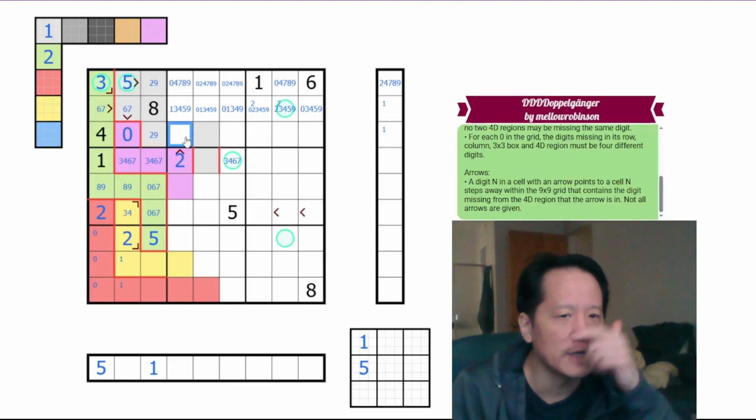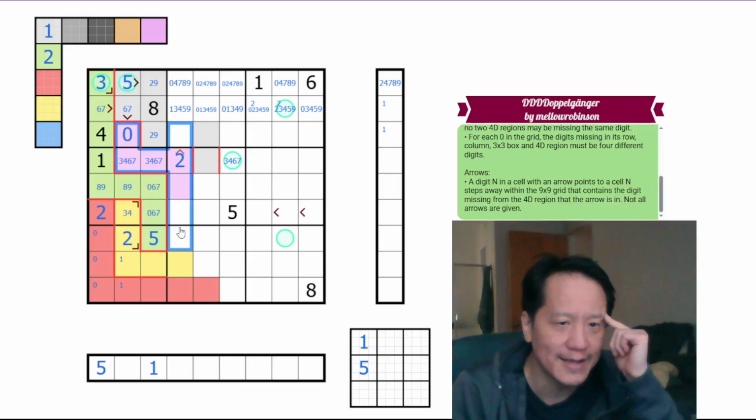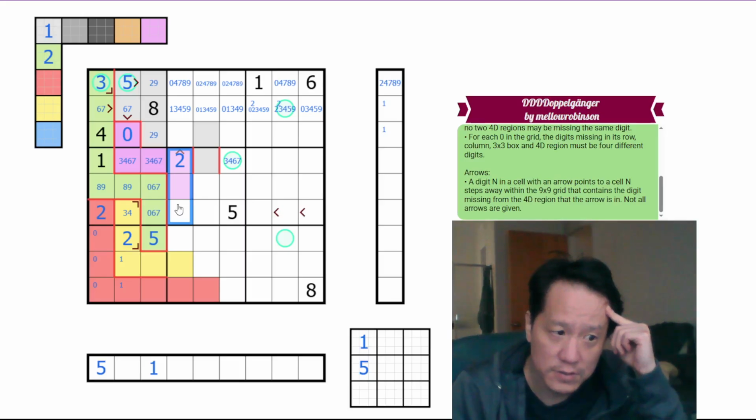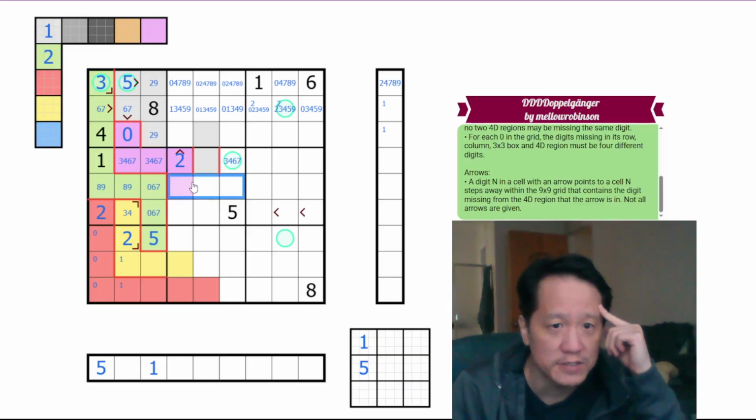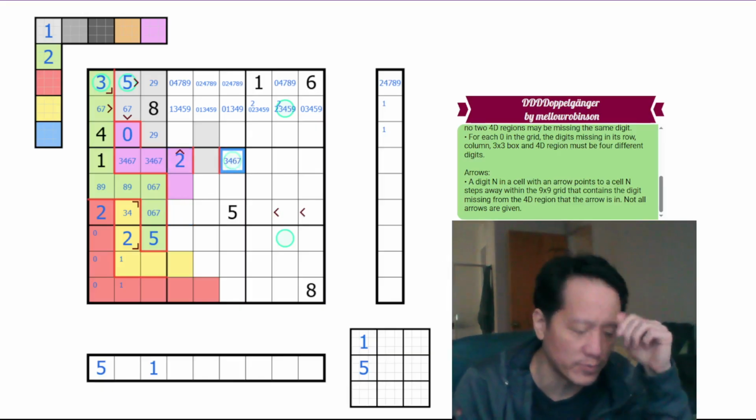But we need at least 1, 2, 3, 4, 5, 6, 7. So it has to be at least 3 pinks in this box. So either pink is part of the circle, which makes it 6, or at least 3 pinks are here, which means this would be less than 6, so this can never be 7.